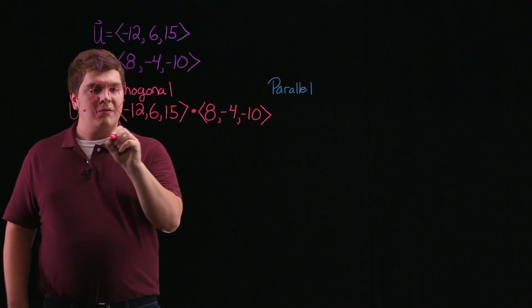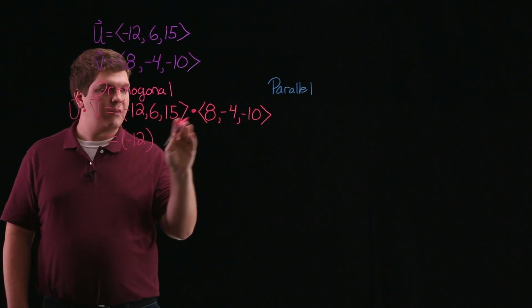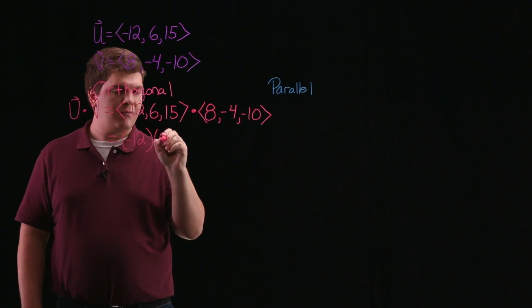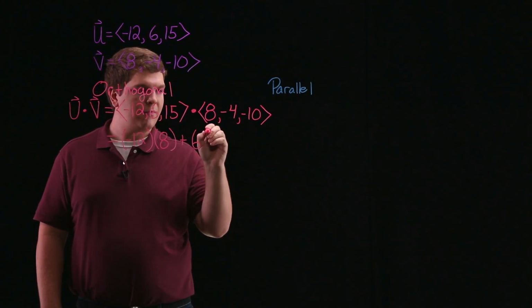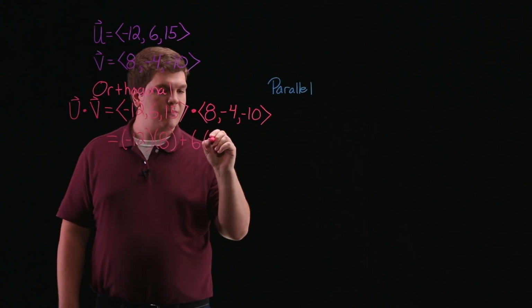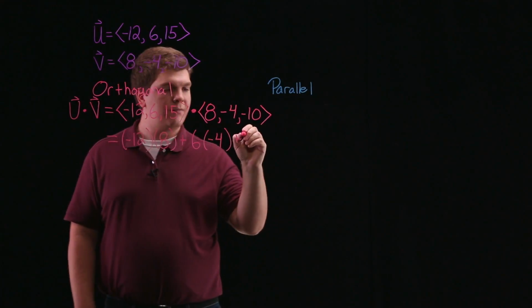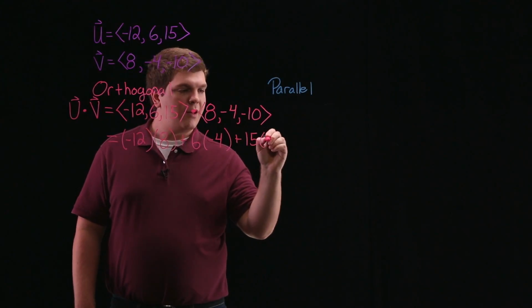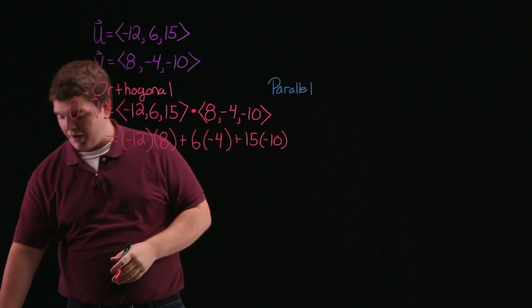Now the dot product is going to be -12 times 8, plus 6 times -4, plus 15 times -10. Let's use a calculator to find this dot product.